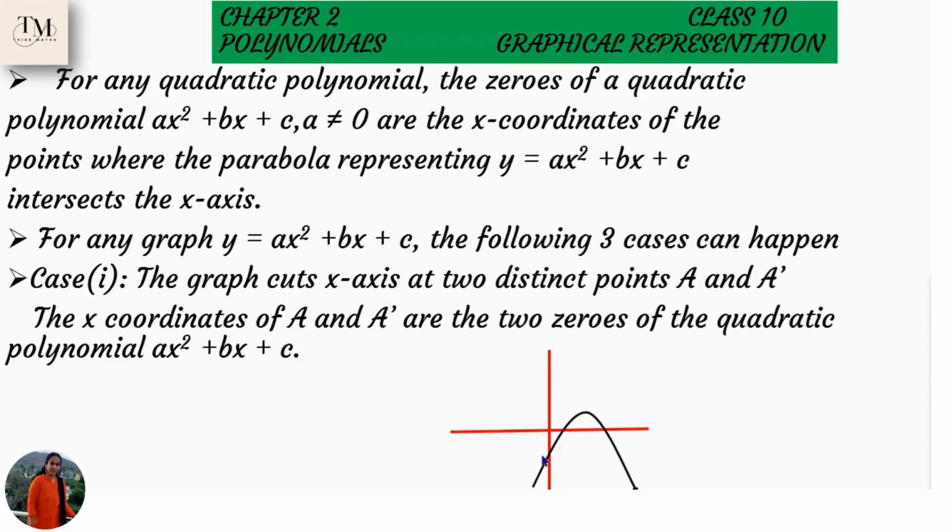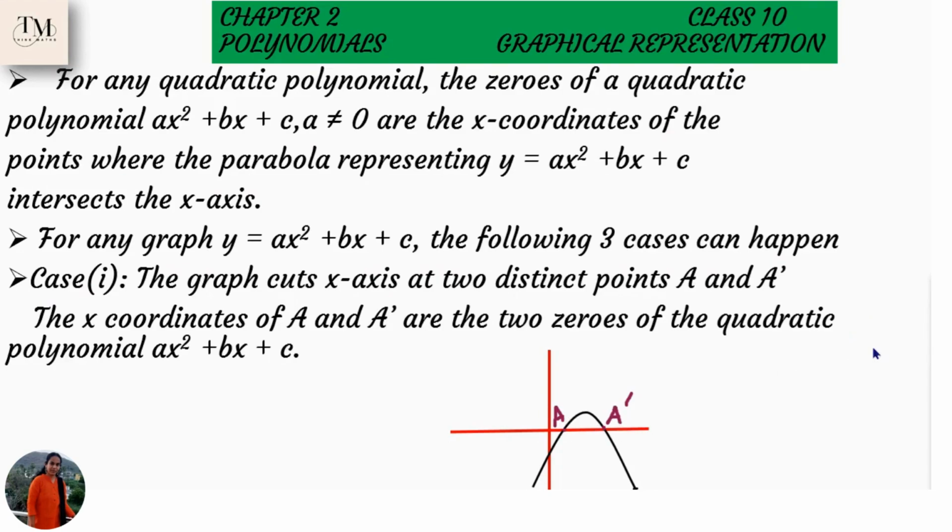If the graph is downwards, it will cut at these two points. This is A and this is A dash. So this graph intersects at A and A dash. So A and A dash are the x coordinates, that is, the zeros of the quadratic polynomial.